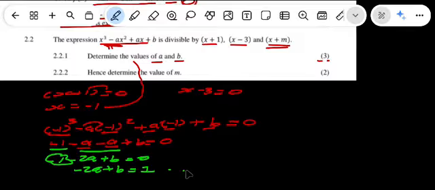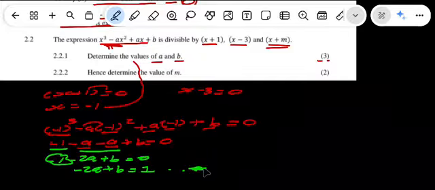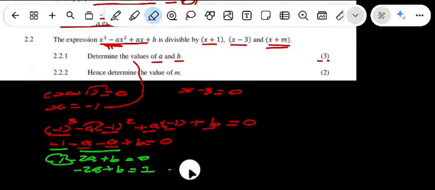Then I can call this my equation 1. This is my equation 1.